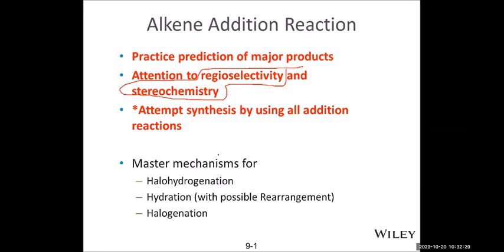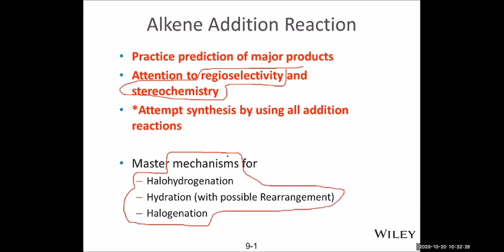But understanding the reaction mechanism, how the carbocations and maybe some other reaction intermediates are favored for a certain reaction pathway, is very important. Understand the key steps in those reactions. And these 3 reactions we need to know very well.